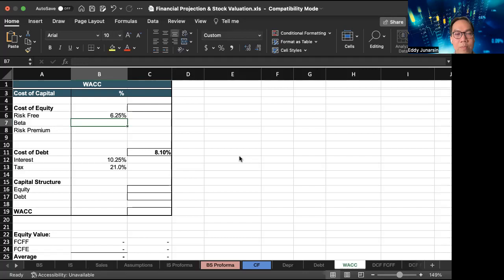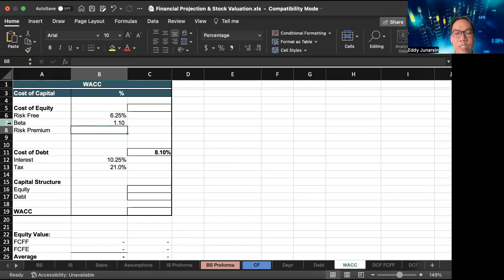Beta, the discussion on beta is in the portfolio theory and cost of equity materials and videos. If you're interested, you can review the videos on portfolio theory, and also the cost of equity or cost of capital generally. So just assume that the beta is 1.1 for this example.